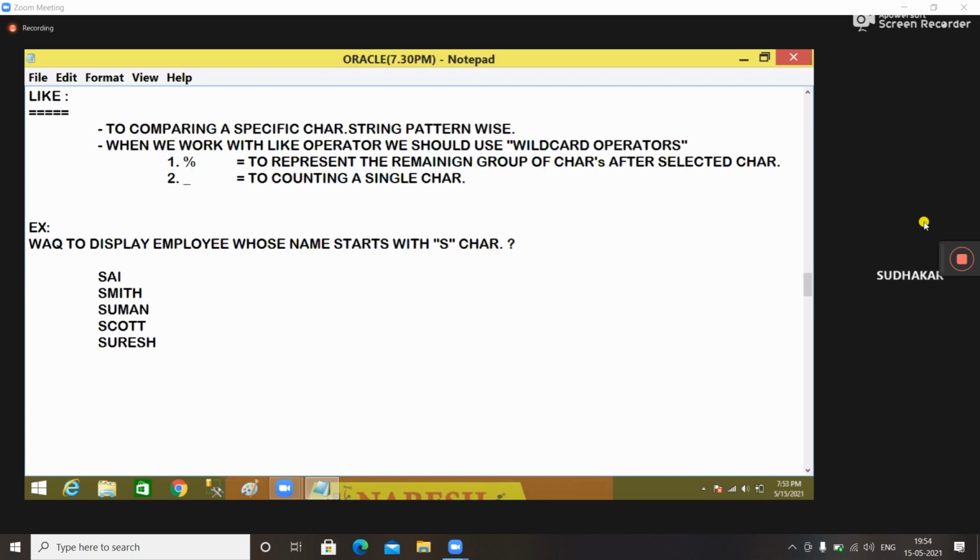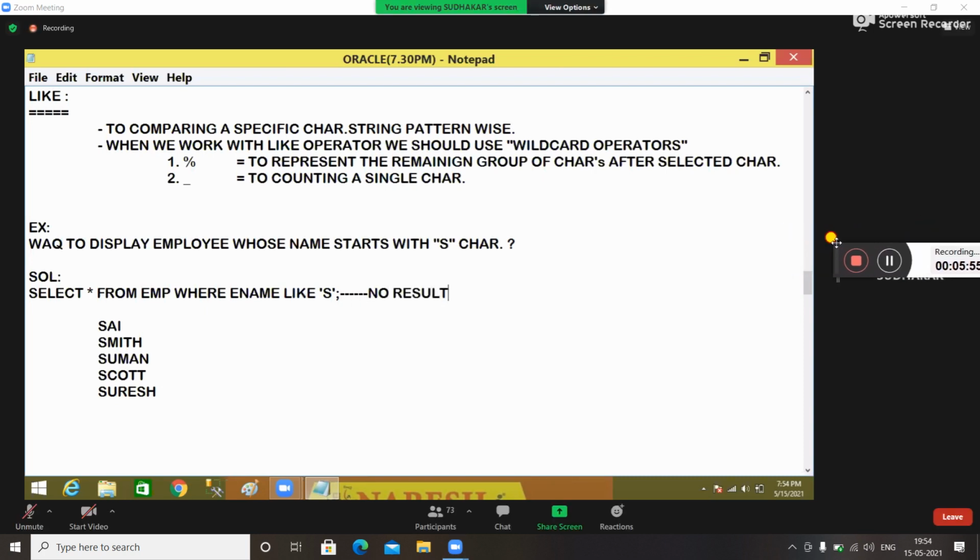Suppose you write SELECT * FROM EMP WHERE ENAME LIKE 'S'. But when I use LIKE of S, it shows no result.